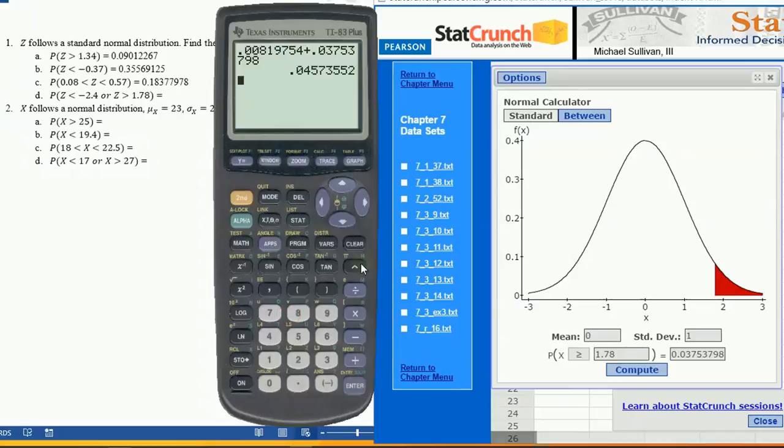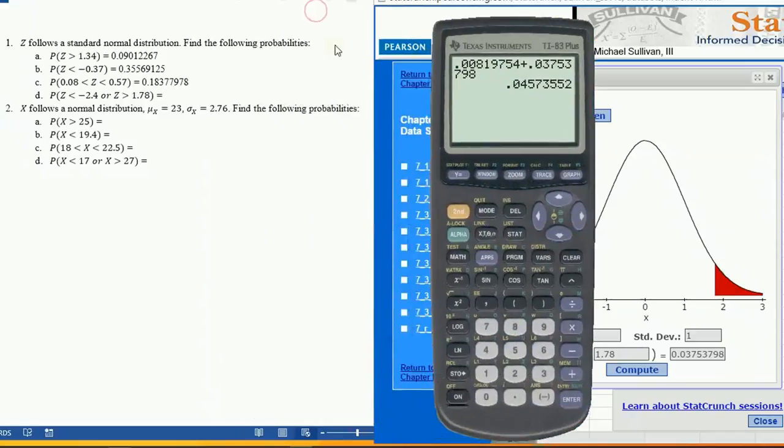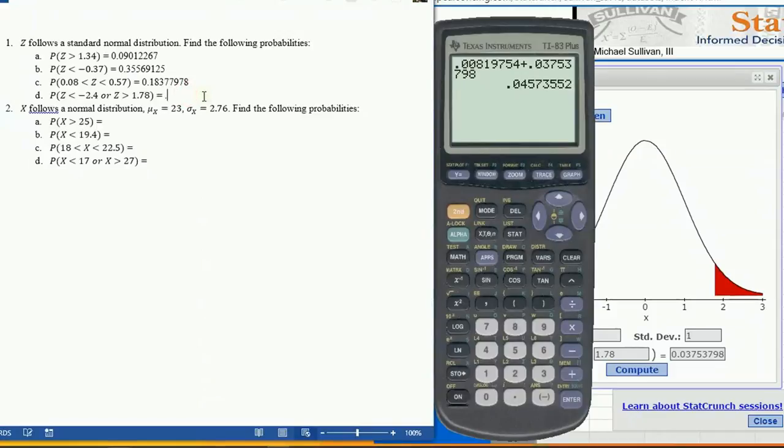That will work. So you can get your answer, 0.0457352.